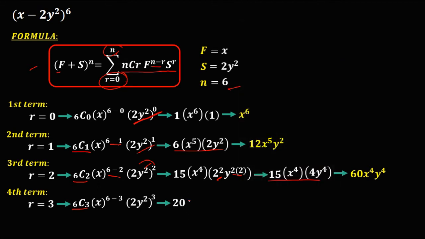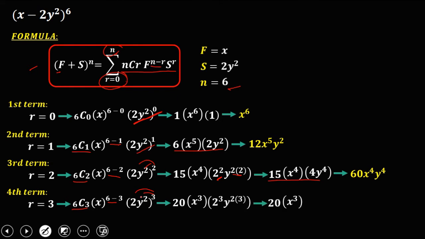Then 6 minus 3 gives x to the power 3, and distribute the exponent, so that's 2 to the power 3 and y squared times 3. Then simplify, so 2 to the power 3 is 8, and 2 times 3 is 6. Then multiply, so that's 160x to the power 3, y to the power 6. So that's our fourth term.